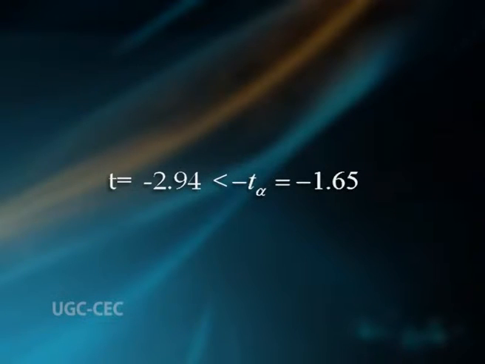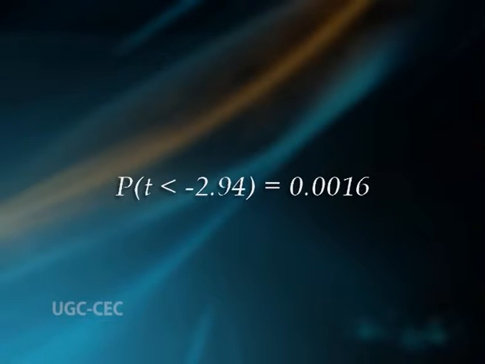Consider a significance level of 5%. From the standard normal table, t alpha equal to 1.65. Therefore, here t equal to minus 2.94 less than minus t alpha, that is equal to minus 1.65. Hence, reject H naught. That is, the data indicates that North Indians are on the average taller than South Indians.